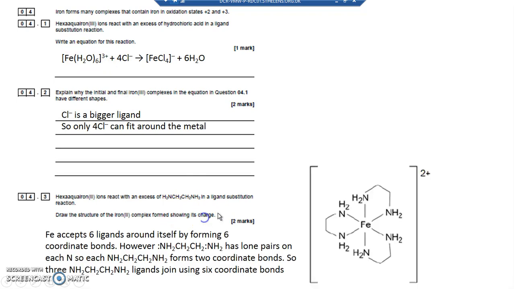So if I draw that as a structure, I've got Fe with NH2CH2CH2NH2, one of these around with 2 coordinate bonds, and this one has 2 coordinate bonds, and this one has 2 coordinate bonds, and that makes 6 bonds around it. So one of these can replace 2 waters.